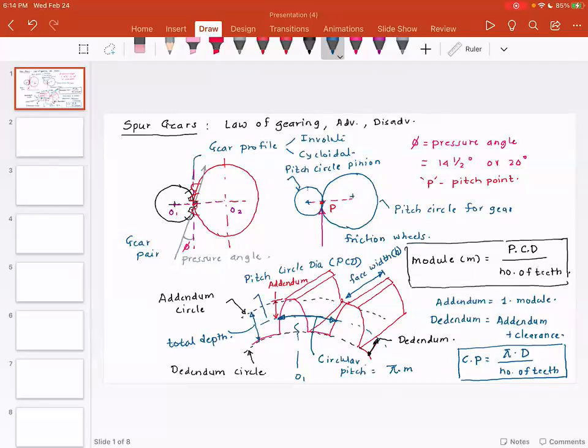And then there is something called the tooth thickness, which is nothing but the width of the tooth measured along the pitch circle. So basically, this is the tooth thickness.